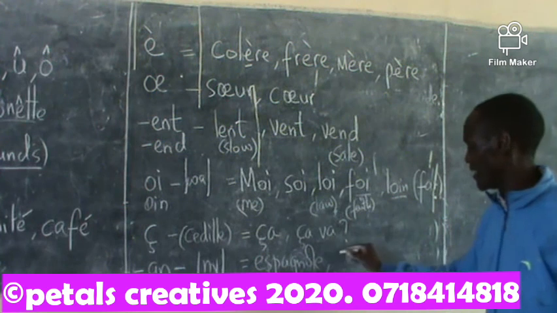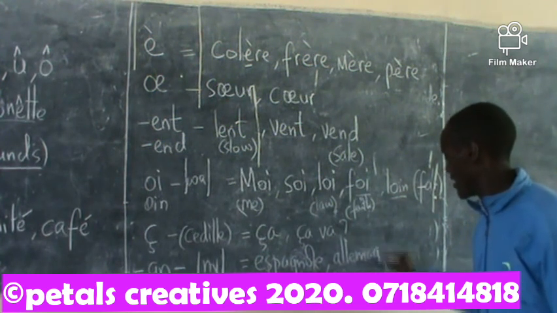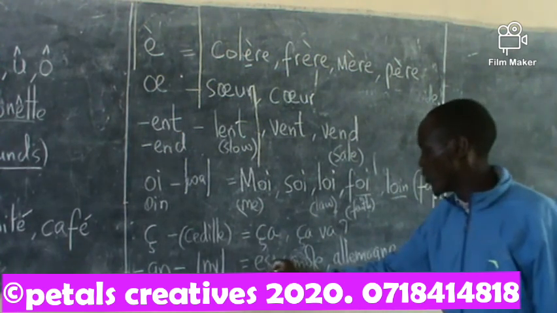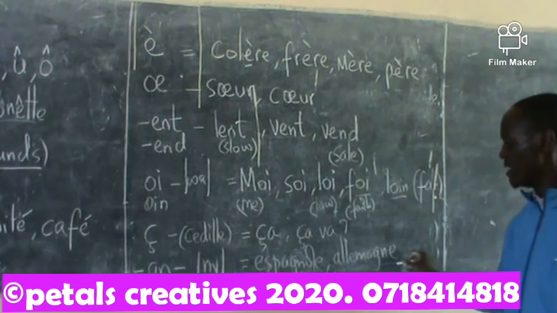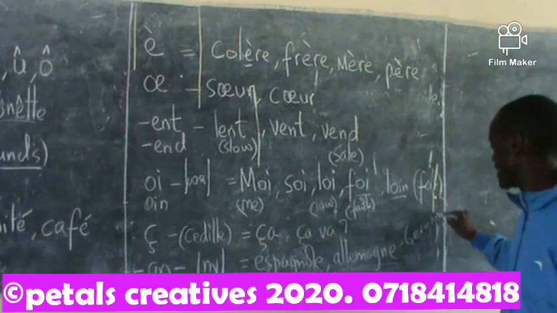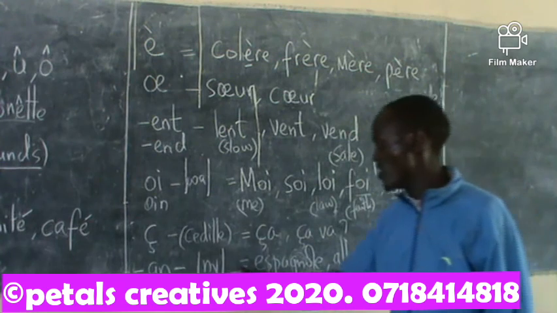Espagnol, Allemagne. So in this case, Espagnol means Spanish. Allemagne means Germany, the country Germany. So GN is pronounced as nye.